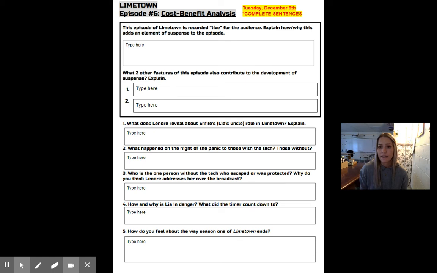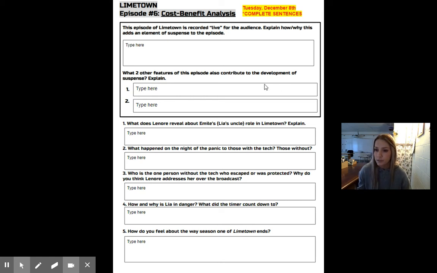And think about what Lenore does while they're talking. She sets something down, and Leah asks what is this for? And she says don't worry about it. The whole time we can hear that in the background, and it adds suspense because we don't know what's going to happen at the end of it. We don't know why it's there until the end, and Leah doesn't know either. Leah usually has more control, but when it's live, she has very little control over how the information is let out to the public and to us.